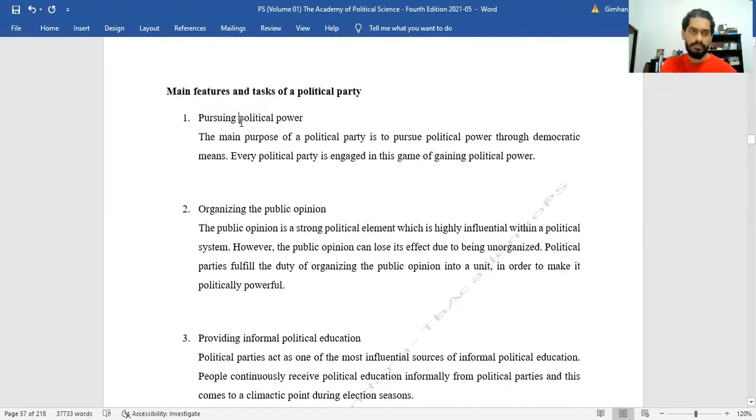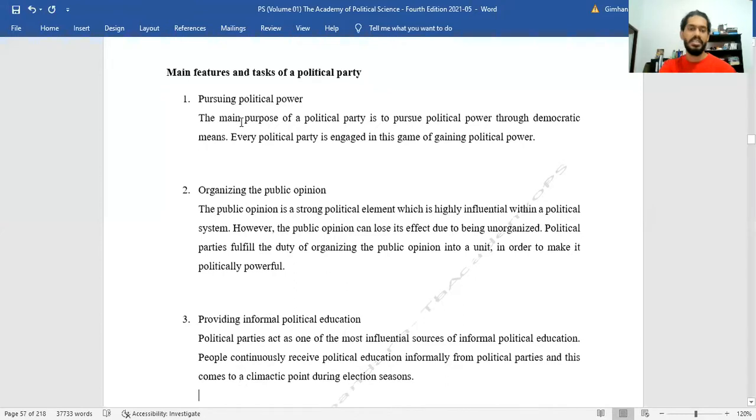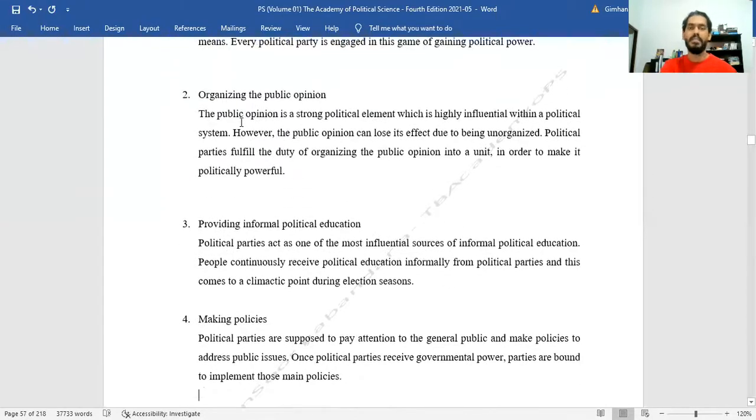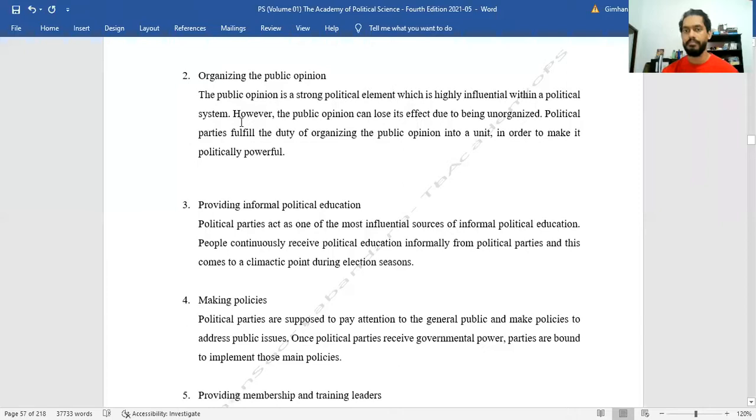So I put both. Then, organizing the public opinion. What does this mean? The public has an opinion at the moment. What is the public opinion about the government? Is it a positive one or a negative one? These days, people have a very negative opinion about the government, right? And I remember even when we had the last government, Maithripala and Ranil's national government, people also had a very negative opinion about that government.